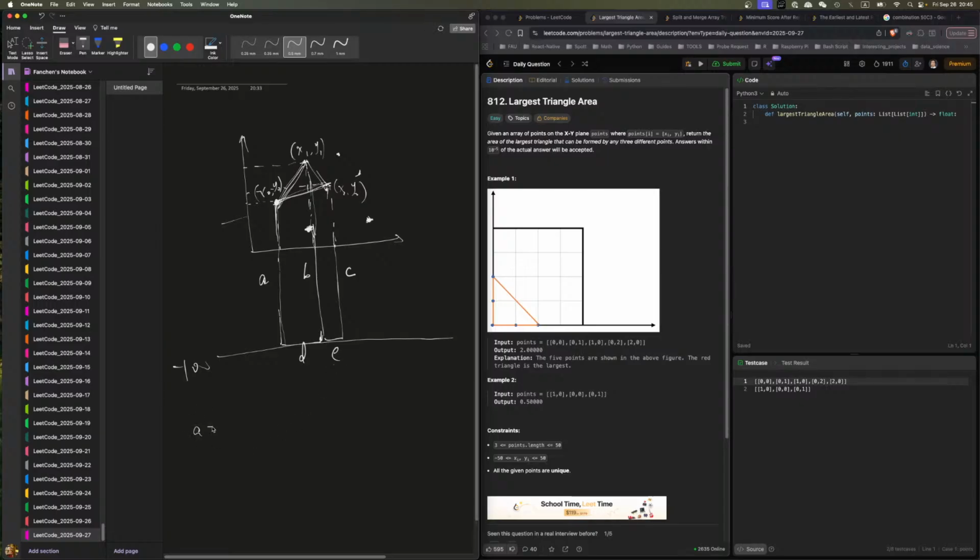So A is going to be x plus 100, right? And even if you're here at minus 50, that's still right. So A is that. B is going to be x1, x0.